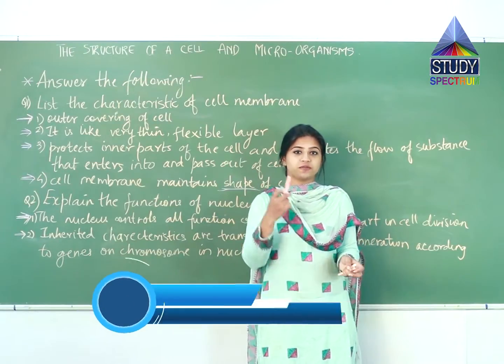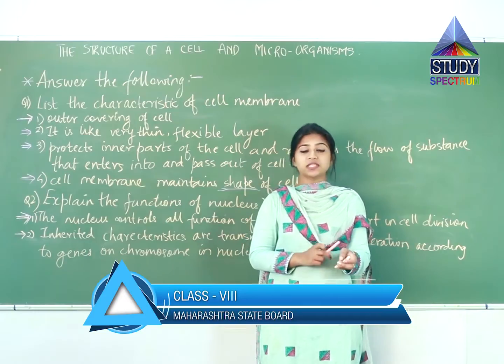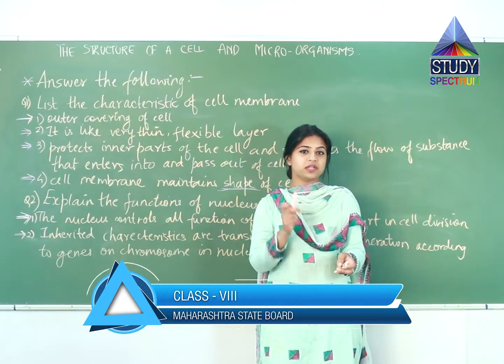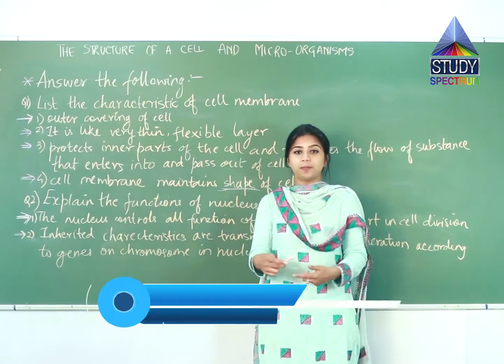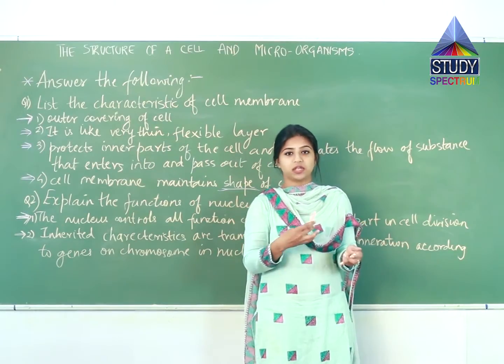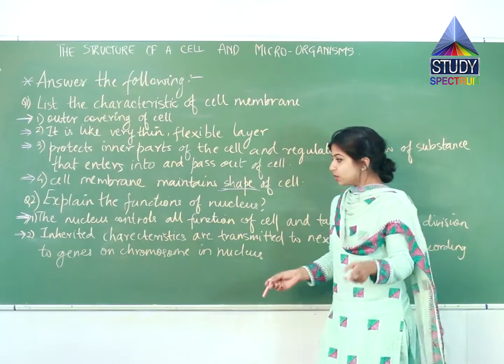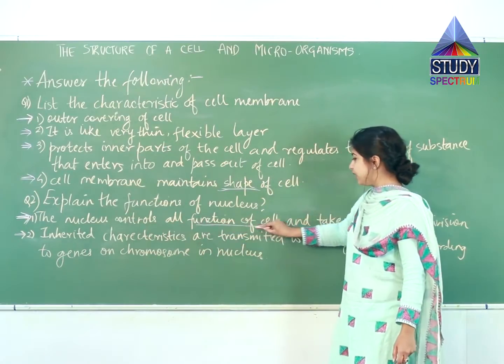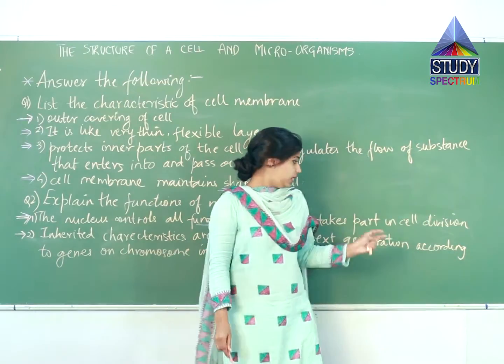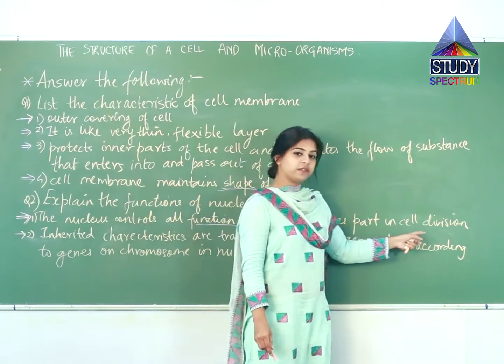This is by the process of cell division. The layer of skin has millions of cells on it, so imagine this is a very rapid process and it keeps on happening to form these long layers of skin on you. So the nucleus controls all the functions of the cell and takes part in cell division.